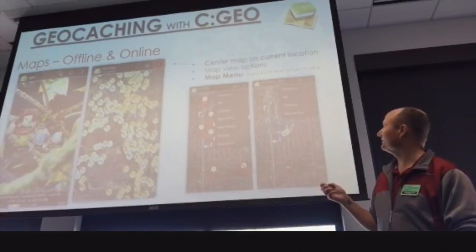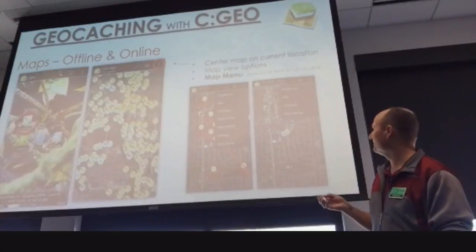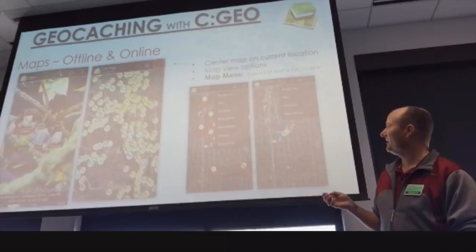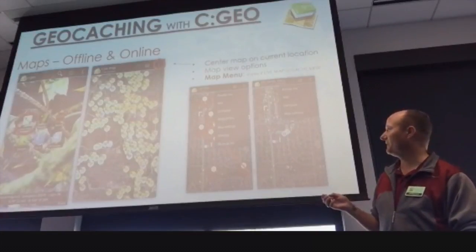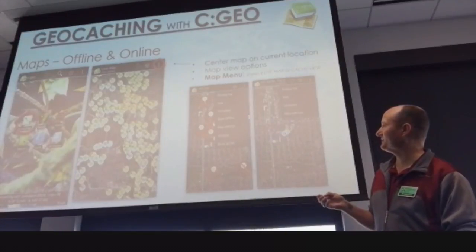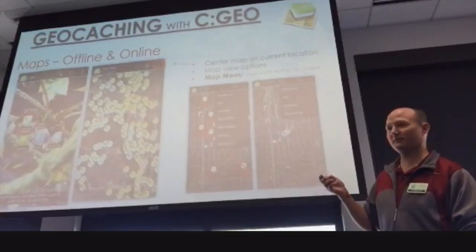Hint, if you hit hint, it'll pop up down here. I think that's the next animation. Compass brings up the compass screen. I don't have this particular cache stored offline, but I could hit that to set it. Strategy we'll cover in a second, and then show as list turns this map view into a list view instead.